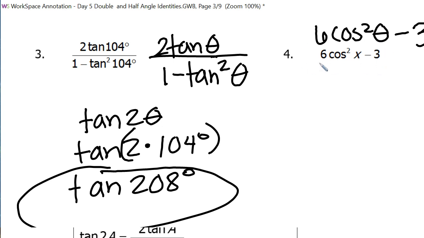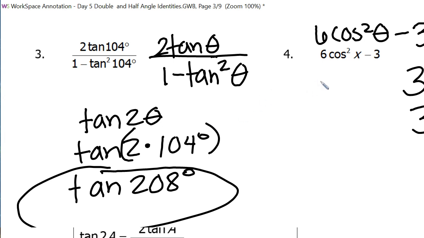So what was this multiplied by to give us 6 cosine squared theta minus 3? 3. So 3 times 2 gives us 6 cosine squared theta. 3 times negative 1 gives us negative 3. So that formula was multiplied by 3. So this would be 3, and 2 cosine squared theta minus 1 is for what formula?